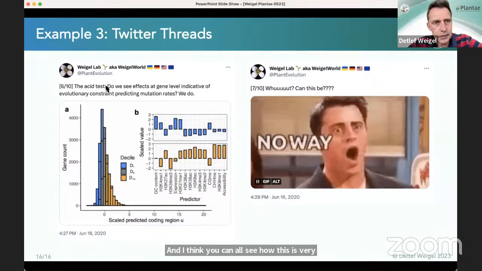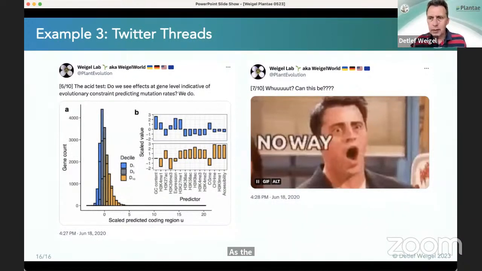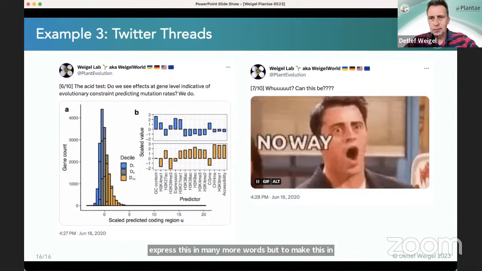So we start with this very short statement, the acid test, colon, then this relatively long sentence: Do we see effects at gene level indicative of evolutionary constraint predicting mutation rates? And then we do as the answer. So again, one could express this in many more words, but this very simple statement, we do, is extremely powerful.